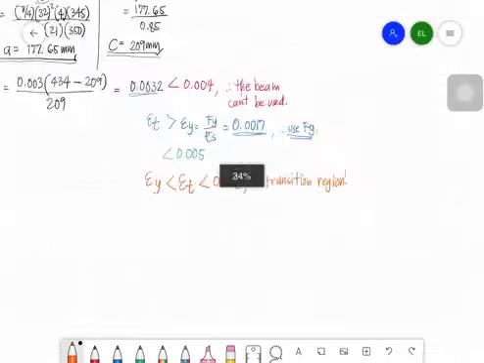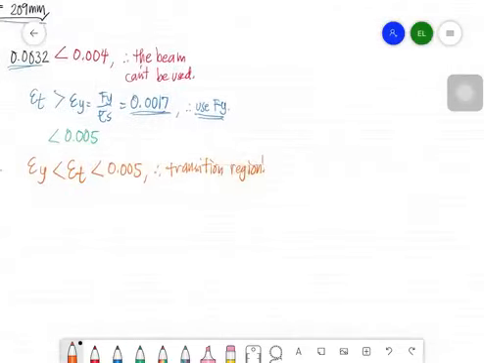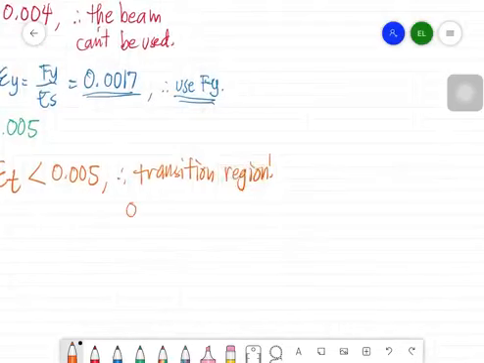If this is transition region, then we need to know the value of phi. I derived it last time, the value of phi.